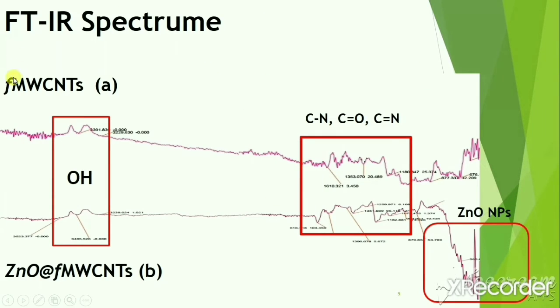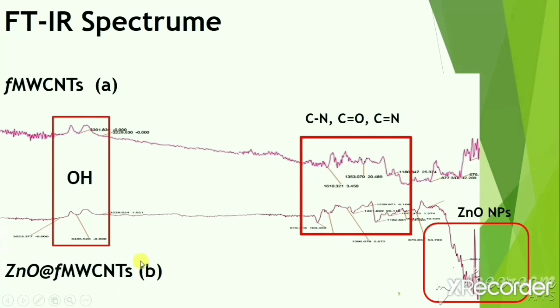Another analysis was performed also to evaluate the functional groups present in the synthesized nanomaterial. Here you can see the usual peaks that may be present in any other carbon nanotubes, but we are interested here in this peak due to the hydroxyl group that came from the acidification process. So we can say that we have successfully treated the carbon nanotubes.